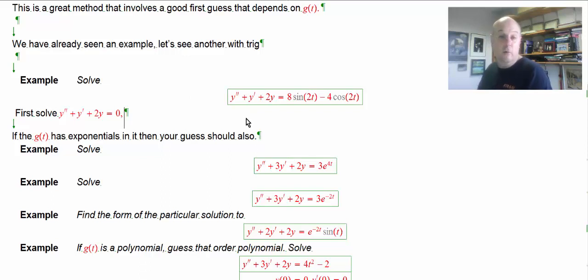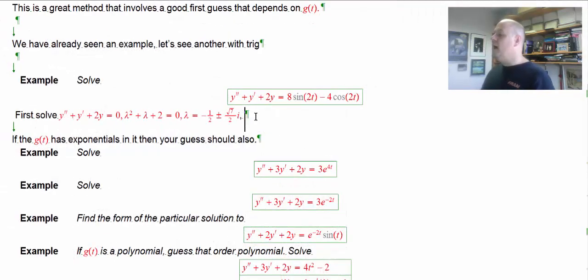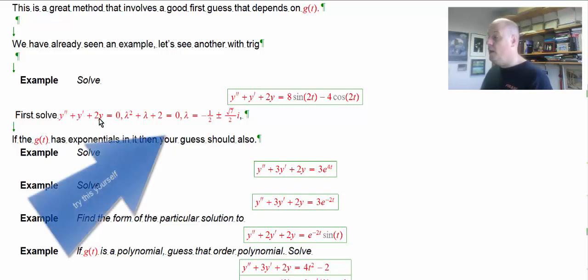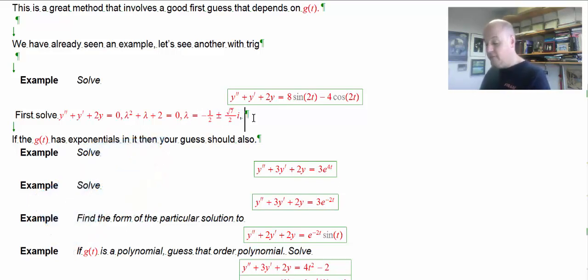So I'm just solving this like we did in the past three videos. This one's going to be complex conjugate roots. There are my eigenvalues. I knew the real part of the eigenvalue was going to be negative because all the coefficients, the 1 and the 2, are positive. Now I've got my complex conjugate eigenvalues.